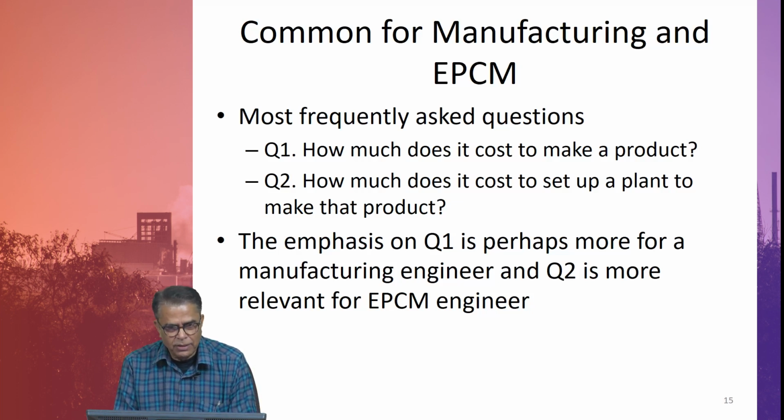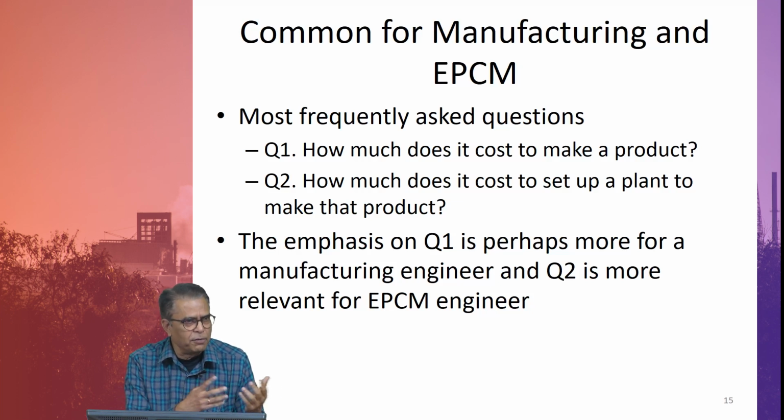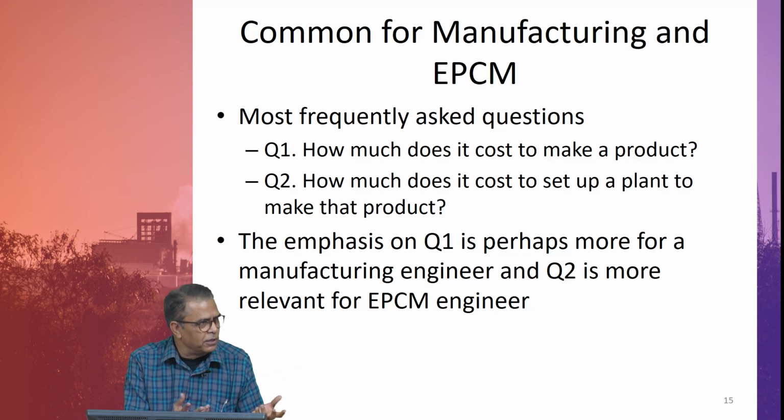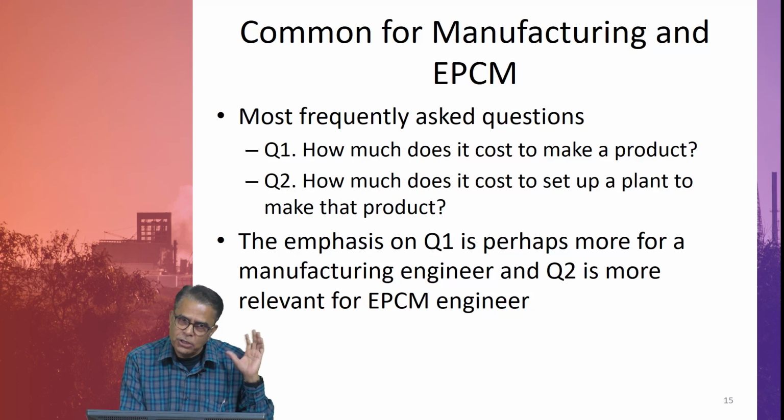Now, small variations in the emphasis could be there. For instance, if you join a manufacturing company which is primarily into making a couple of products, question number 1 will be of more relevance to you, obviously, because the plant is already there, it is operating, you are joining the plant. So, your focus could be slightly different, though you should keep Q2 at the back of your mind also.